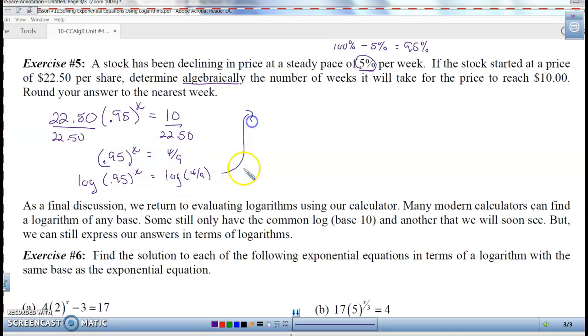All right, now applying the rules for logs, if this is an exponent, it's got to go out front. x times the log of 0.95 equals the log of 4/9. Okay, divide by log 0.95. All right, and that's what we want to put in our calculator. So x is going to equal log of 4/9 divided by log of 0.95.